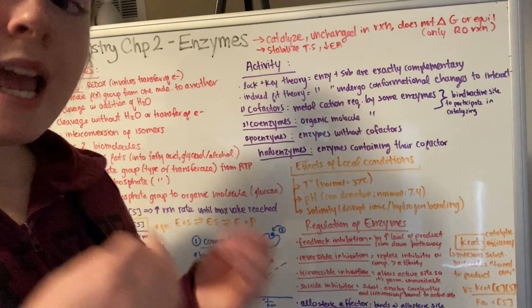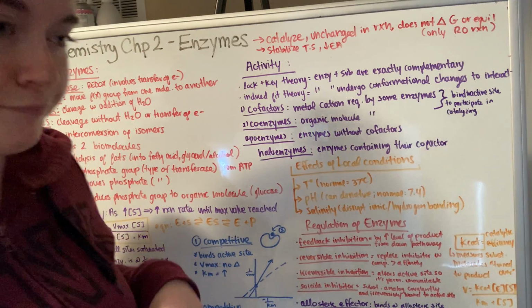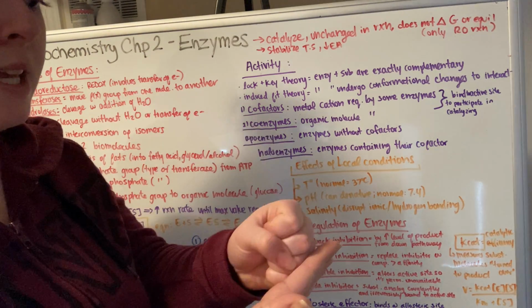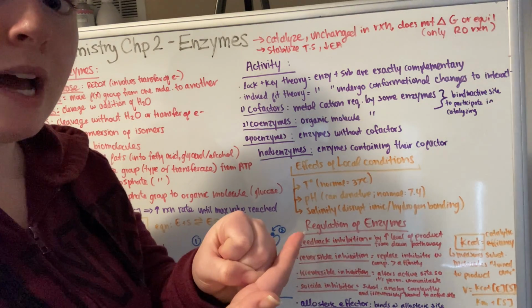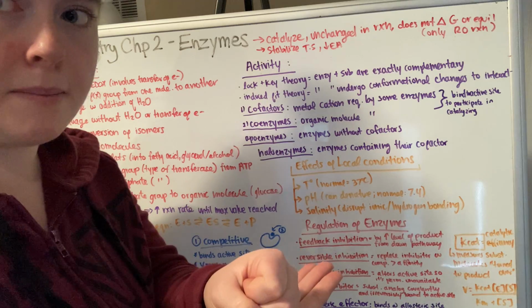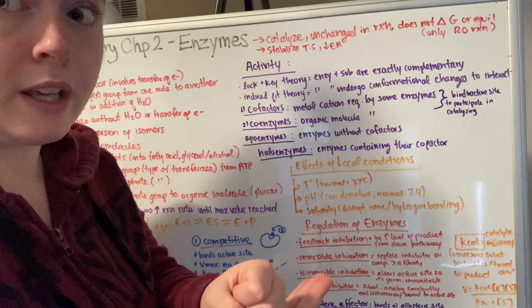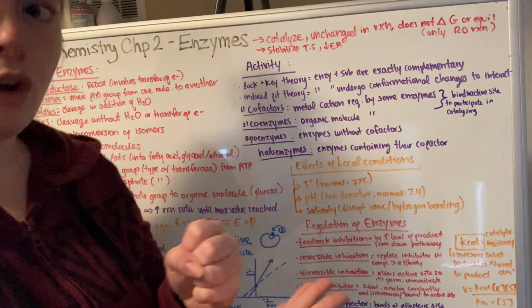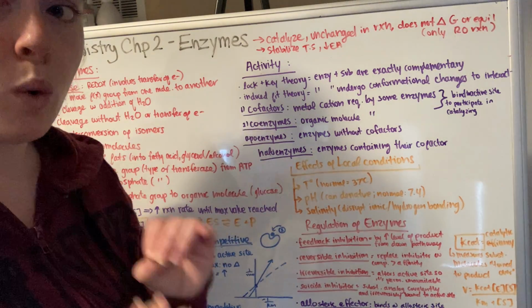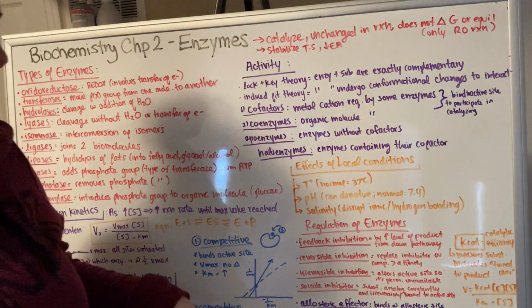And you also have negative cooperative binding, which means that once one of the things is bound, it is more difficult for the second thing to bind. And when those two things are bound, it makes it even more difficult for the third thing to bind, and so on. So that would be negative cooperative binding.